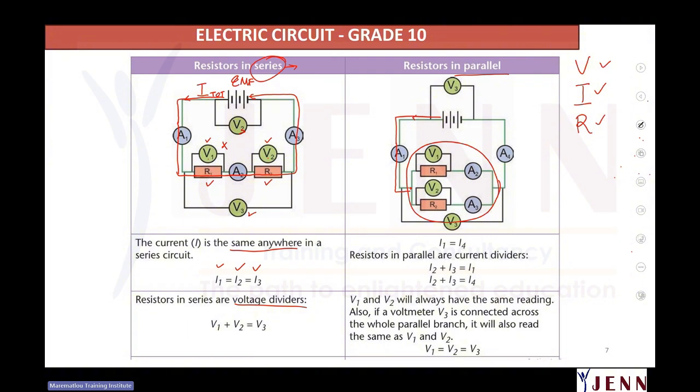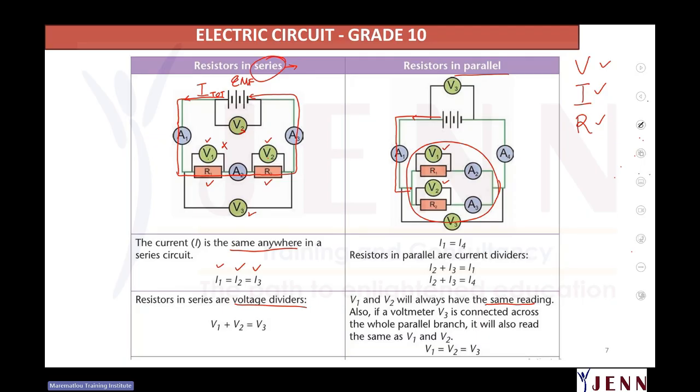Now, potential difference across a parallel connection remains the same. That means resistor 1 will observe the same potential difference as resistor 2. It does not matter if the resistors are the same or not.